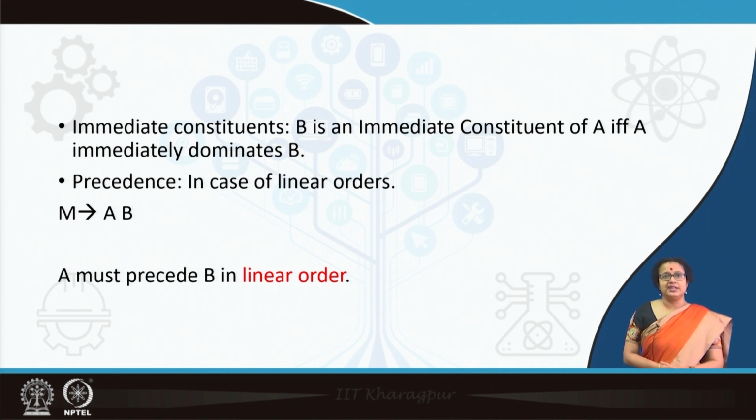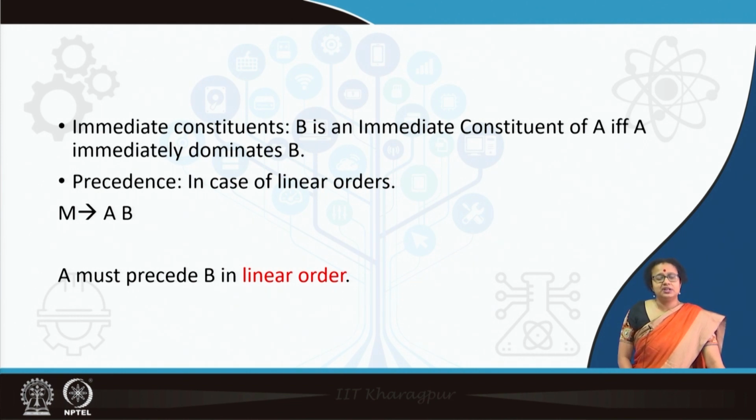Along with the idea of dominance, it is also important for us to learn the idea of precedence. But there is a difference. We talk about dominance only in terms of a hierarchical structure, but we talk about precedence in case of linear orders. There is a basic difference.